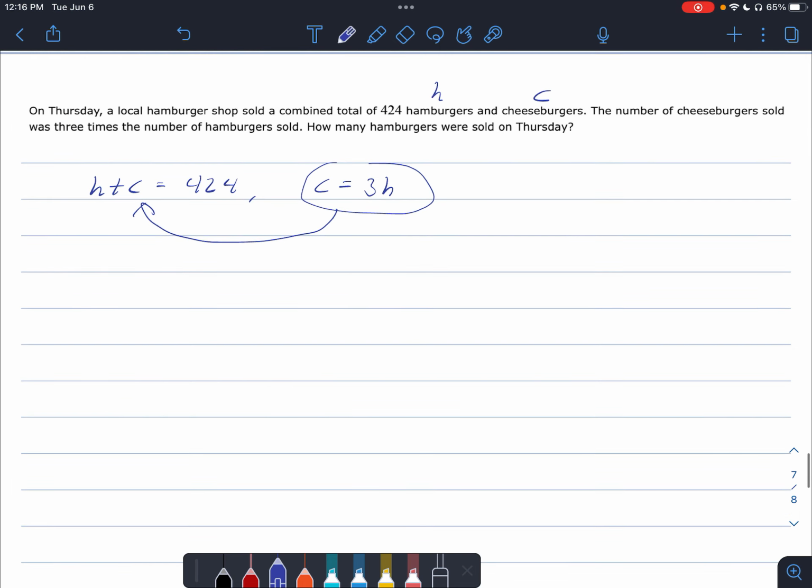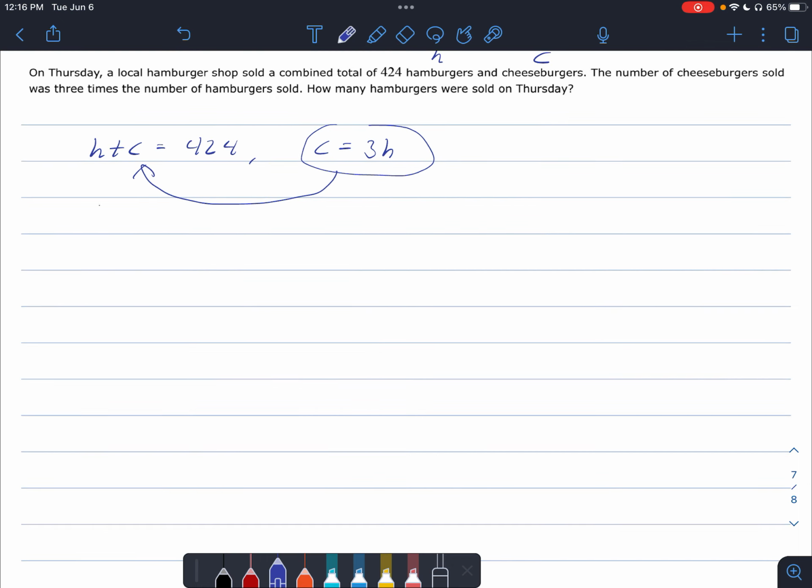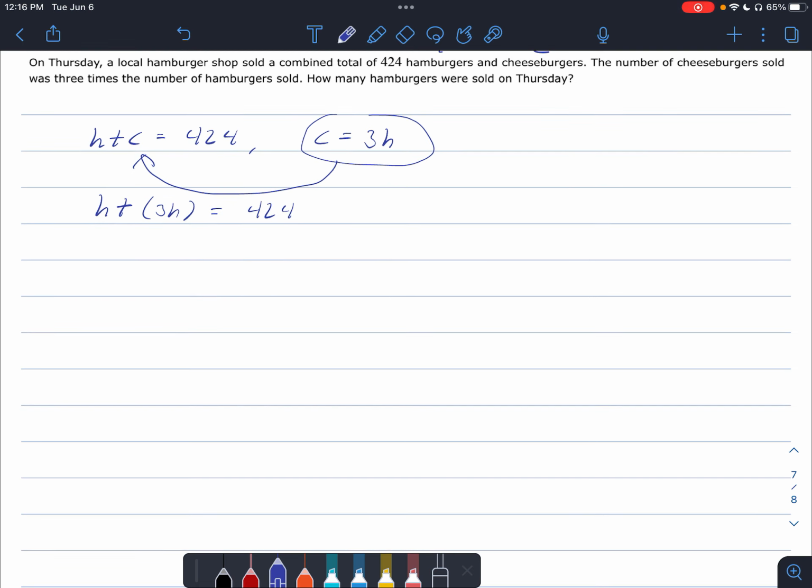Now we can make this an equation just involving hamburgers. So we have H plus 3H is equal to 424. H plus 3H is just 4H. So we have 4H is equal to 424.